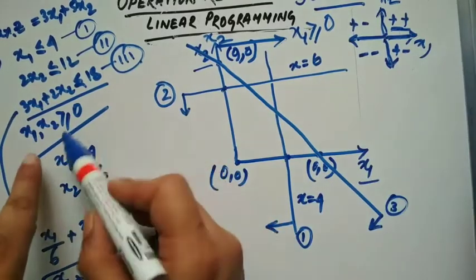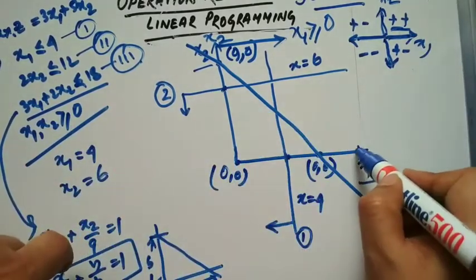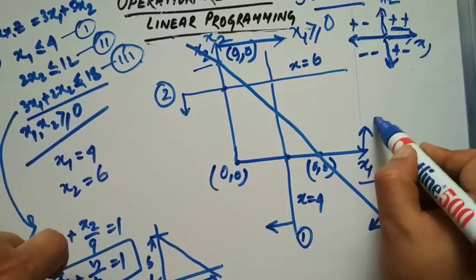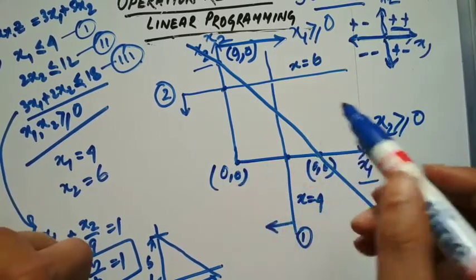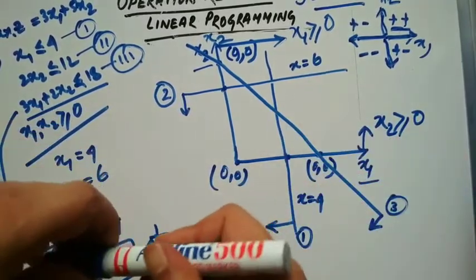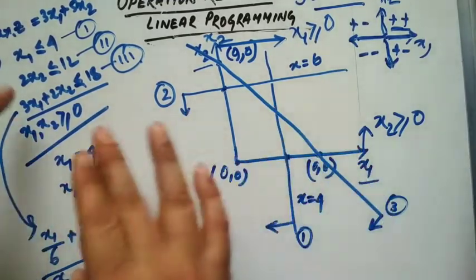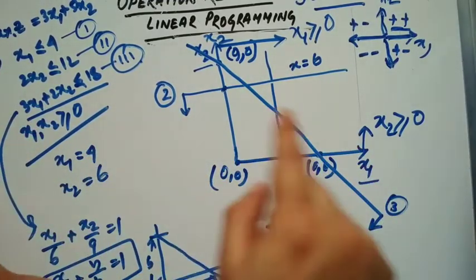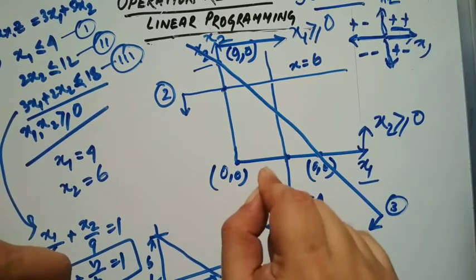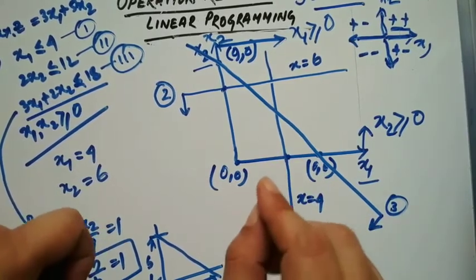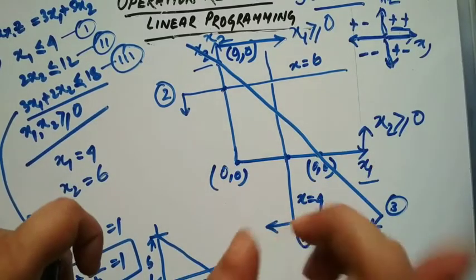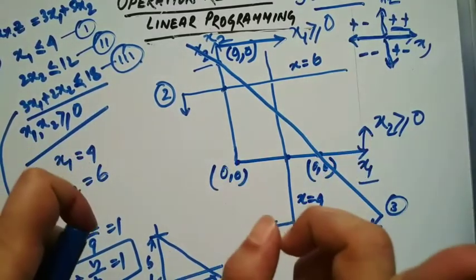Another one is x2 greater than or equal to 0. Now we have plotted all the straight lines, all the equations, in this graph. Now we have to find the feasible region from which we will get the optimal solution of this objective function for maximization of the profit.